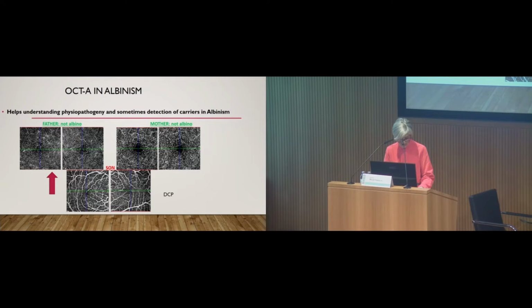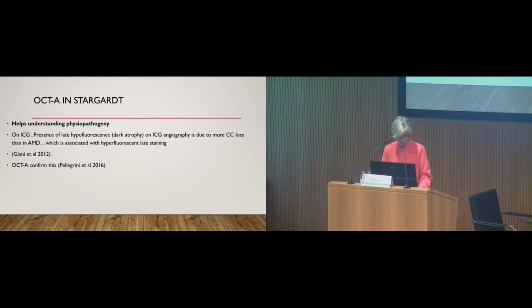In albinism, if the nystagmus is not too important, we can detect non-albino carriers, as in this example. It's an albino's son, and the mother and father were not albino, and we can see a fovea plana in the father without any visual decrease.